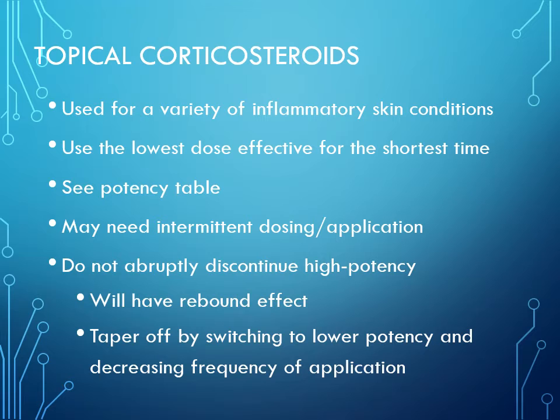So intermittent dosing or intermittent applications could also be considered. Again, if you're using topical corticosteroids on the skin for a long period of time, you may have some skin atrophy, so you want to minimize the amount of drug used if possible.